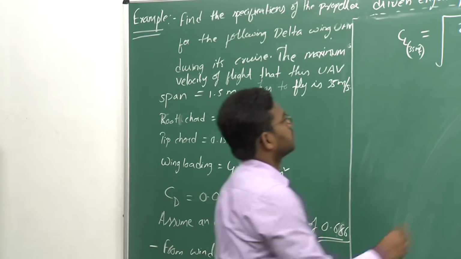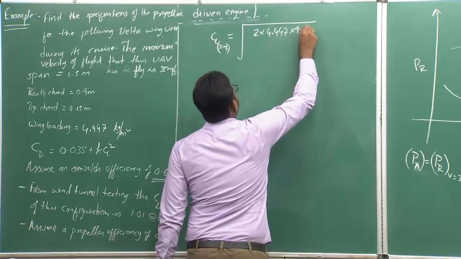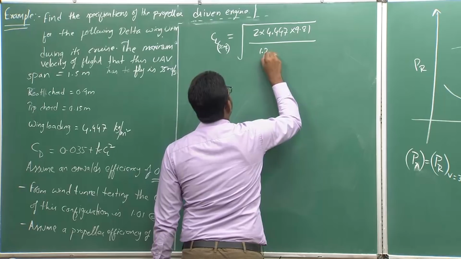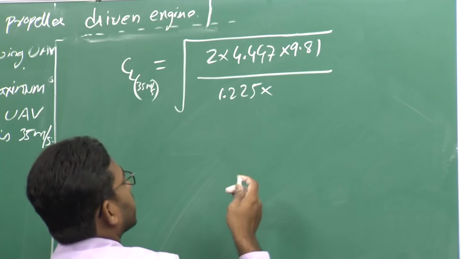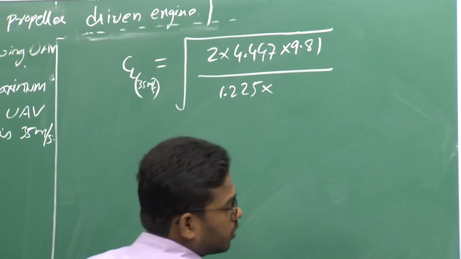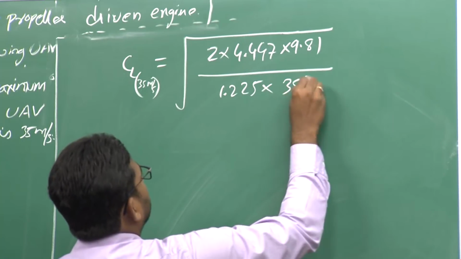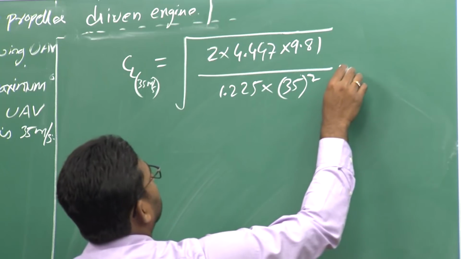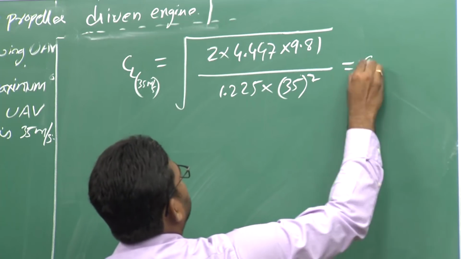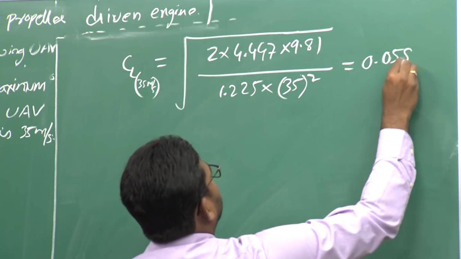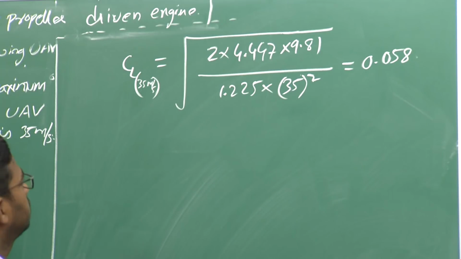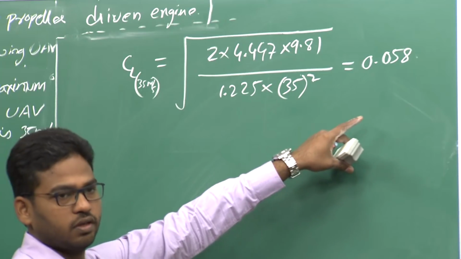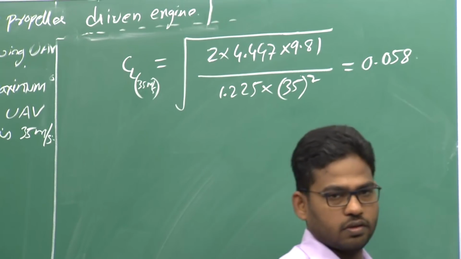So, convert this to Newton per meter square, divided by 1.225, the density since we are flying at sea level, and the velocity is 35 meters per second squared. This equals 0.058. See, the CL required for this particular flight is 0.058, which is very, very low, right.